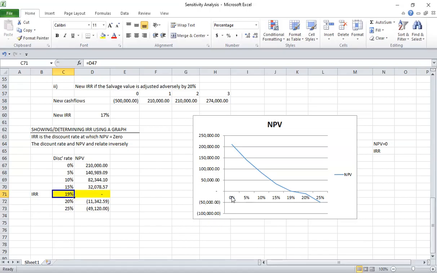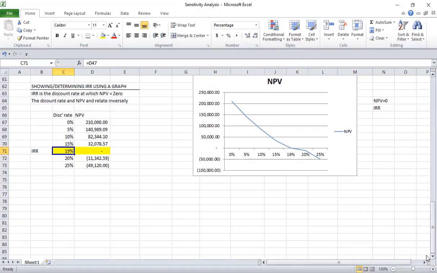Now, have we looked at the payback period and the profitability index? Not yet, right? If that is the case, then we shall look at the payback period.